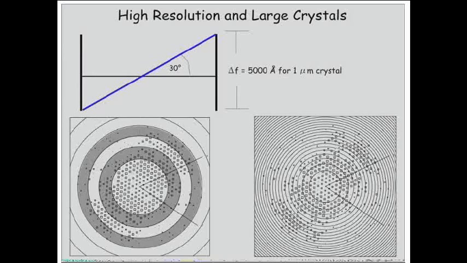Because it's tilted, the defocus will be completely different, and it'll be much more highly defocused. And we end up with exactly the same crystal, but the spots are in completely different zones of the contrast transfer function. So now within our positive zone, we've got this ring of spots here, which at the other end of the crystal, we're in the negative zone of the CTF.